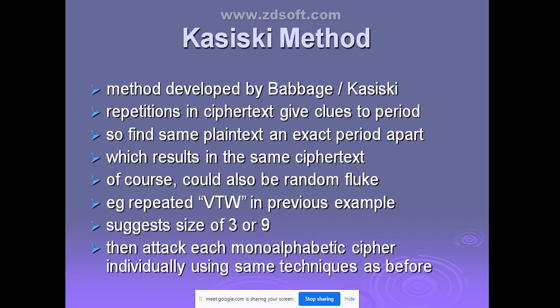Getting it? What is the security? It is going to have improved security as compared to the monoalphabetic cipher. But the letter frequencies are obscured but not totally lost. Right? Start with the letter frequencies. If not, then they need to determine the number of alphabets, and then they can attack each of them. Is that clear? What I have explained is the repeating VTW in the previous example, a size of 3 letters or 9 letters.